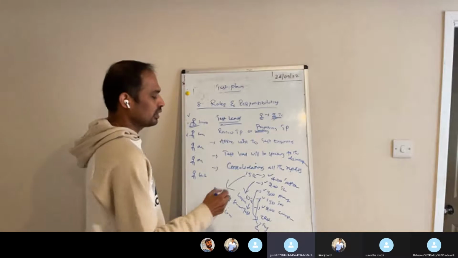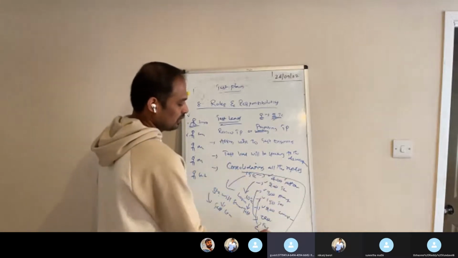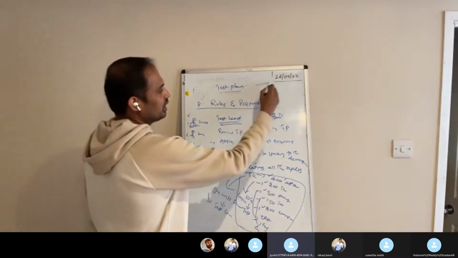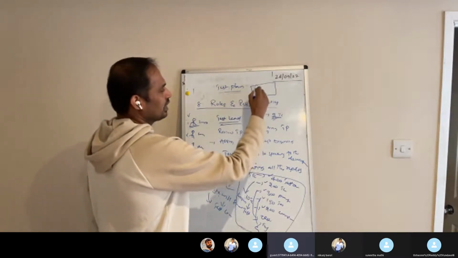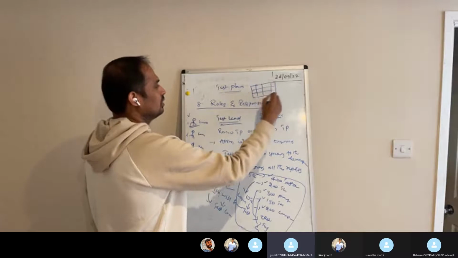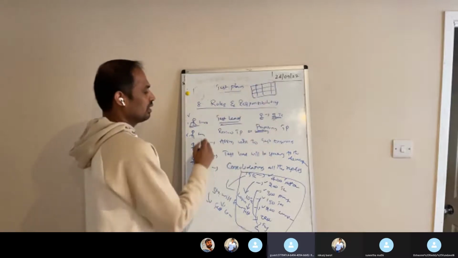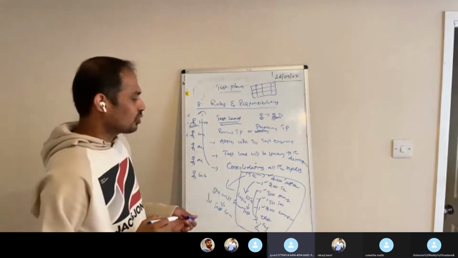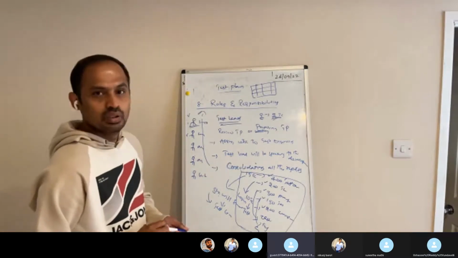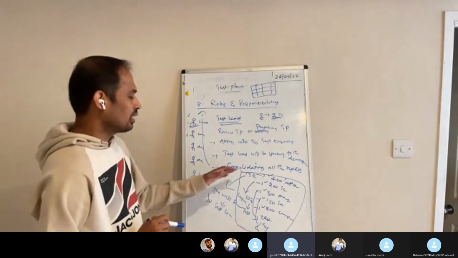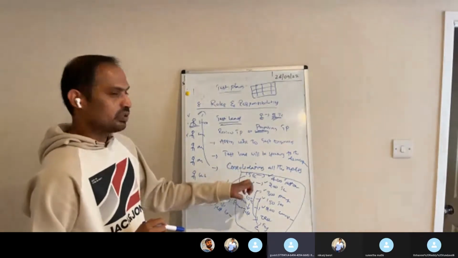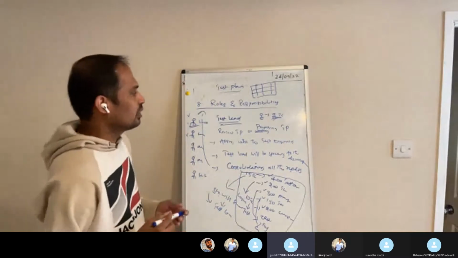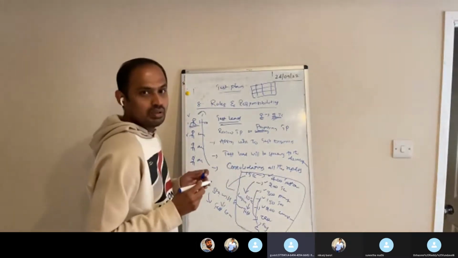What will he do? He takes all the reports sent by the 5 testers and prepares one single consolidated report and sends it to the management or the customer. That is consolidating the reports: the individual reports are consolidated and sent to the customer or management.